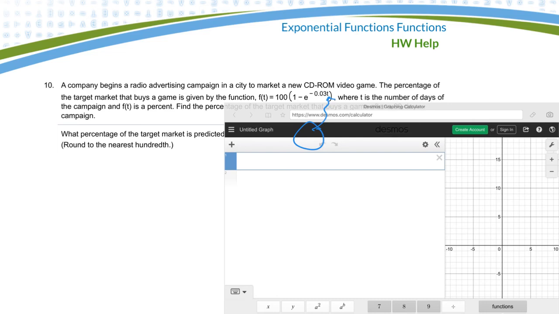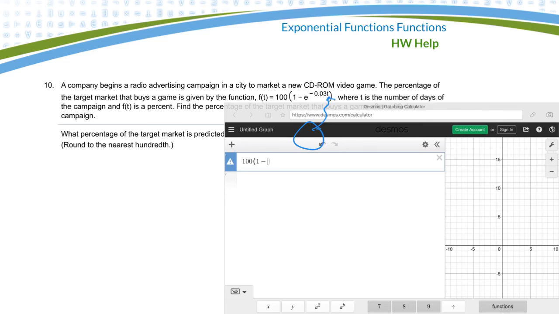So 100, bracket 1 minus. Notice it's in a funny order there. So it'd be tough on that one to do transformations because you've got a binomial inside the bracket. And usually for exponential, there's just one, but we don't have to worry about transformations here.